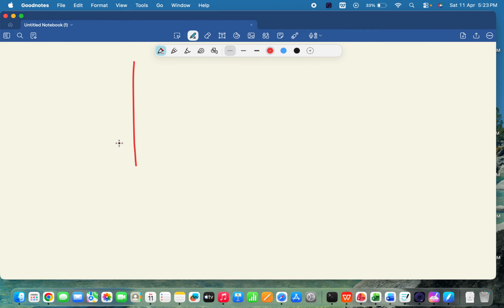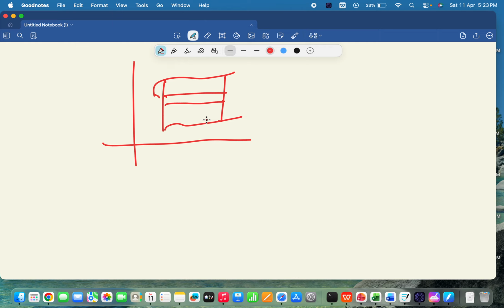If I take a simple curve this way, and here is a curve, graph. If I take a limit like this one, which is parallel to the x-axis, so from this curve to this curve.